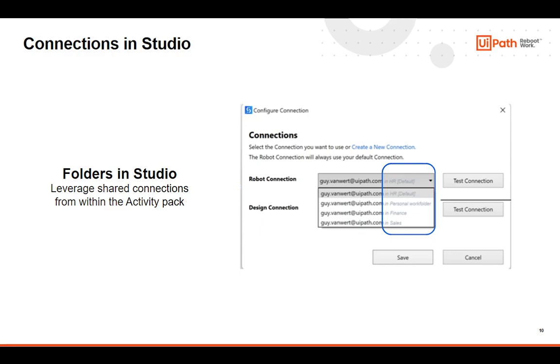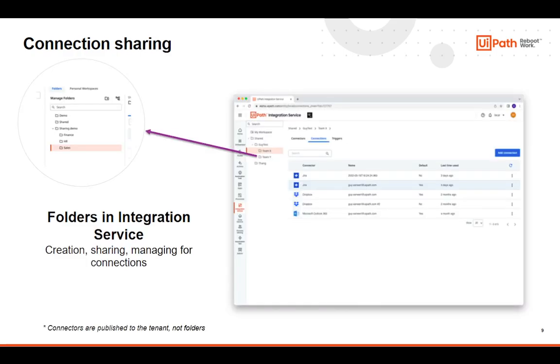And what I need to mention as well is the capability of today in Integration Service, when I go back to this previous slide. As much as I talk about sharing connections, today a connection lives on you as an individual, and you can still do that, right?